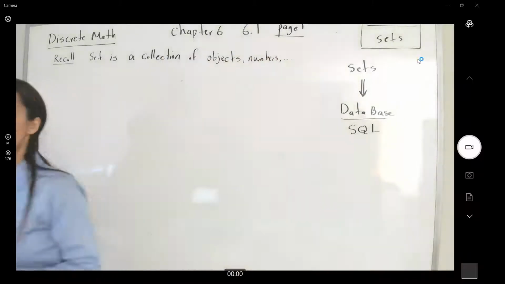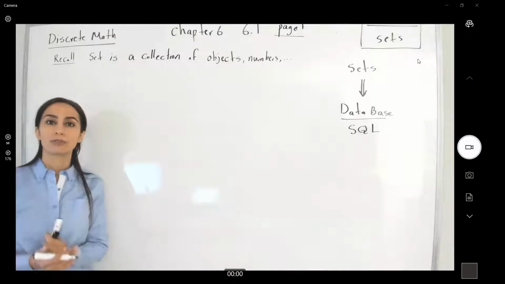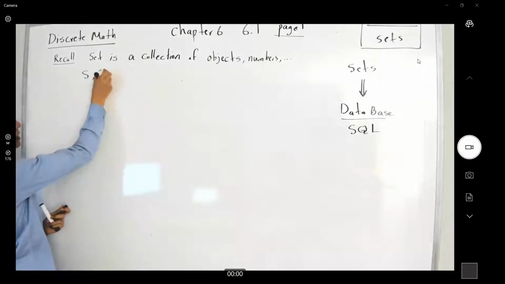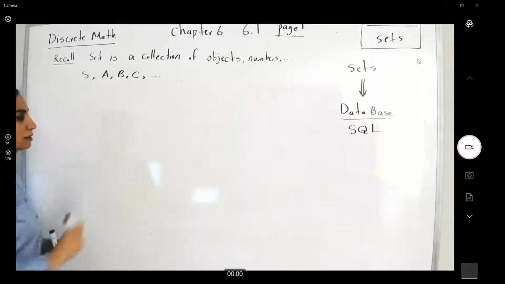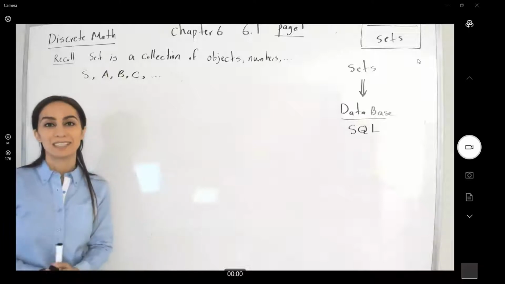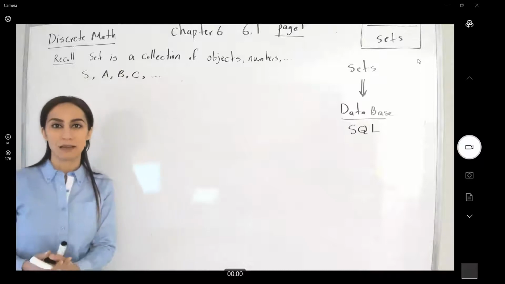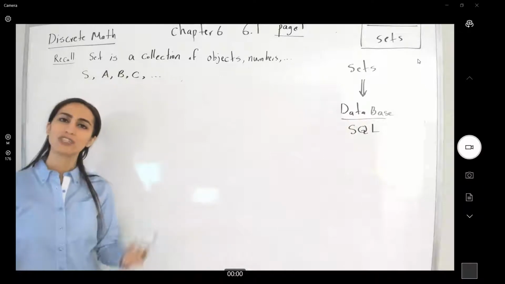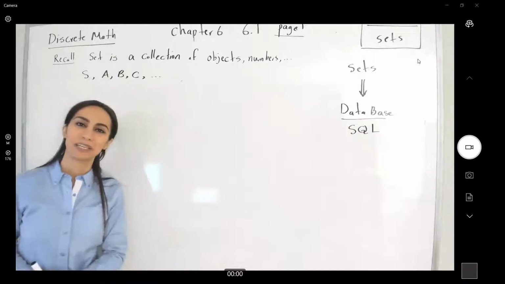That's how we define sets in general. To denote sets, let us use capital letters like S, A, B, C, and the rest. We have different methods of representing a set. We can either use the roster method to list the elements of a set, or set builder notation mentioning the properties of that set.